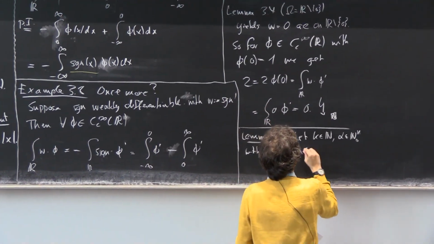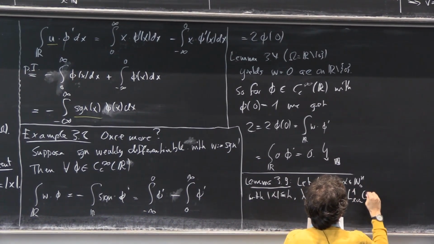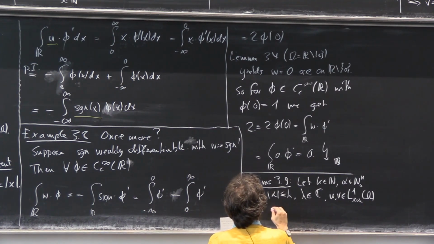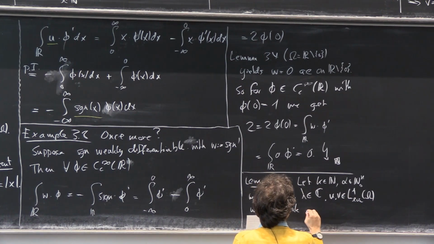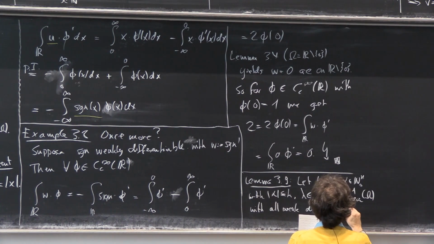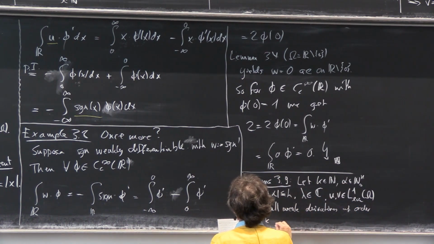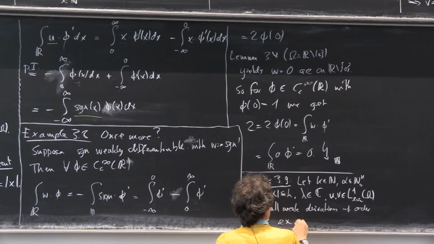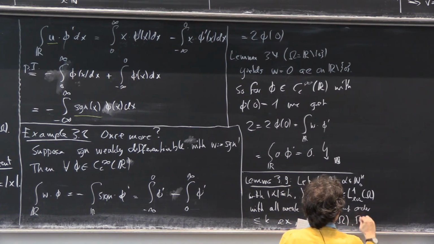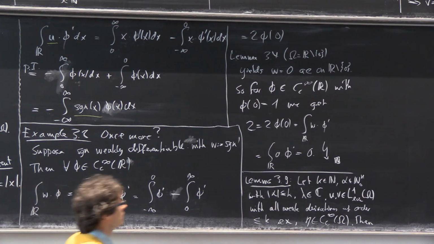We take some complex scalar lambda, and we take two locally integrable functions in omega such that all weak derivatives of order less or equal k exist, and then take some test function. Okay, this is all the stuff that I need to formulate all the calculation rules.